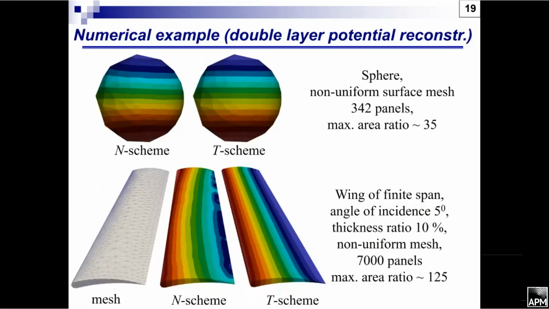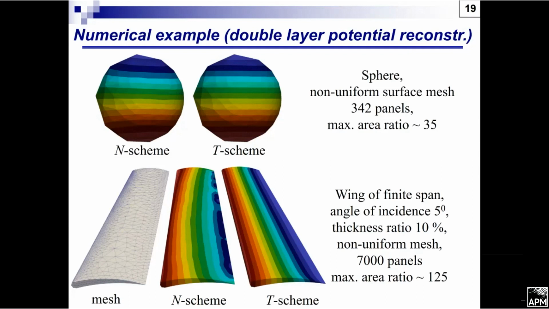On this slide, you can see the result of implementing our approach for some model problems. This is a sphere with a non-uniform surface mesh. The traditional approach gives divergent level set lines, but in the exact solution, they should be exactly horizontal. Our scheme gives more or less a good result.